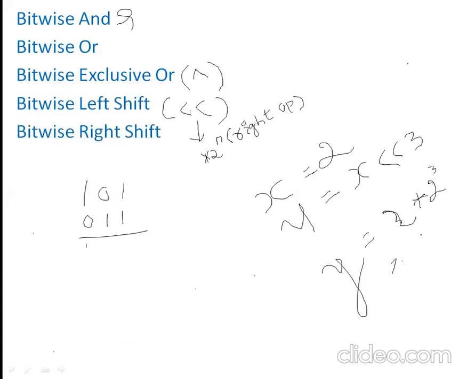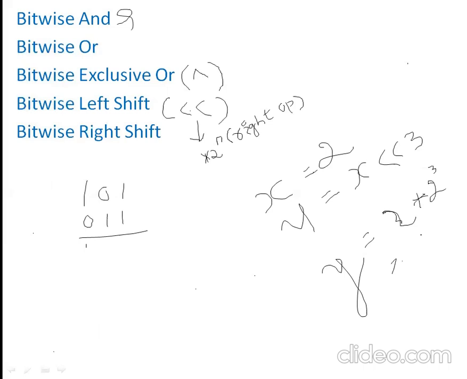Next comes bitwise right shift. Its symbol is double greater than sign. That was double less than sign; this is double greater than sign.